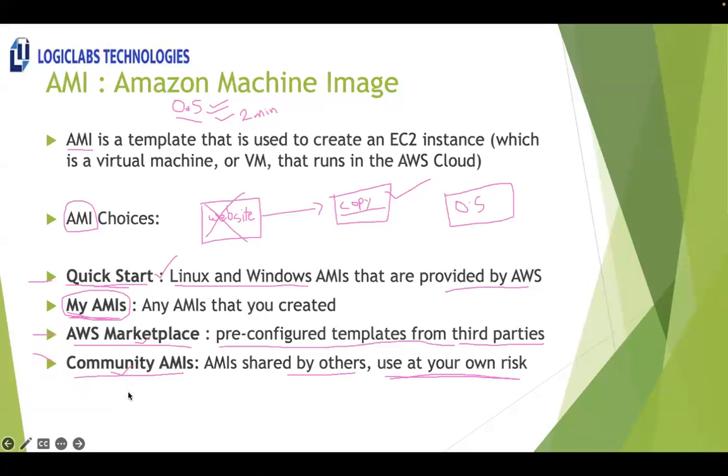Maybe in Community AMI, some hacker will upload that operating system. If you select that operating system, your entire data will move to the hacker's computer. That's why Community AMI is not trusted. Use at your own risk. You have to check and then use. Okay. So when we are selecting the operating system, we will get these 4 options.